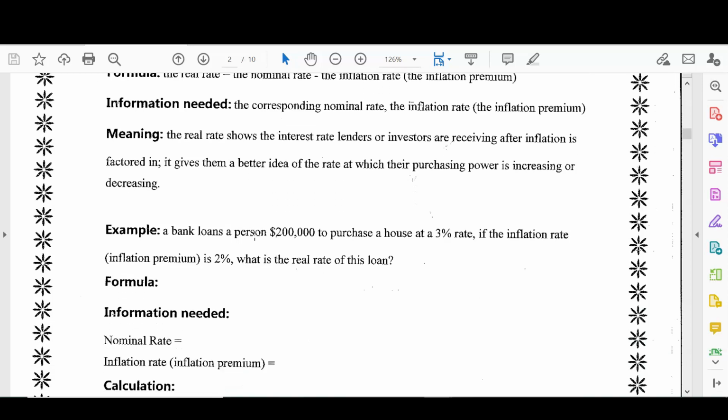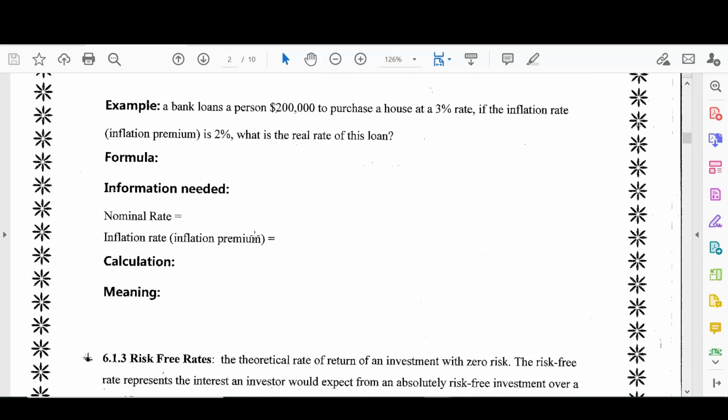For example, if a bank loans a person $200,000 to purchase a house at a 3% rate, and the inflation rate is 2%, what is the real rate of this loan? Here the nominal rate is 3%. The inflation rate is given as 2%.